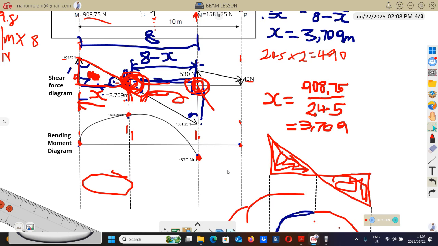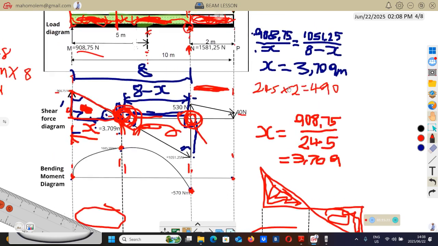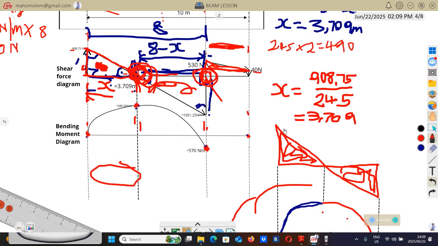Then from there you come to this portion here. Here there is still a uniformly distributed load. Then you go to the shear force diagram. When you go to the shear force diagram, you will have this triangle here. This triangle is above the horizontal line, and it takes this kind of shape.